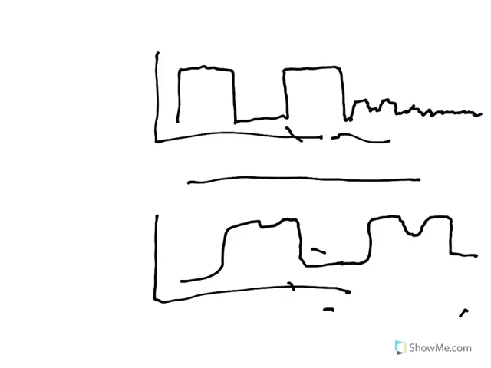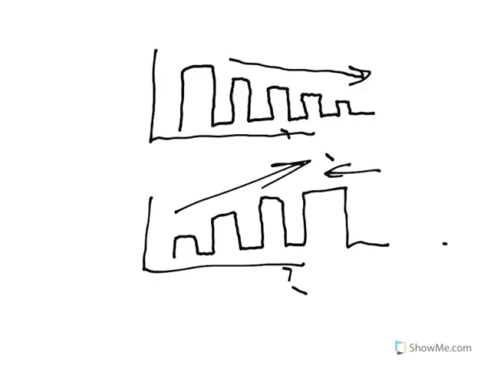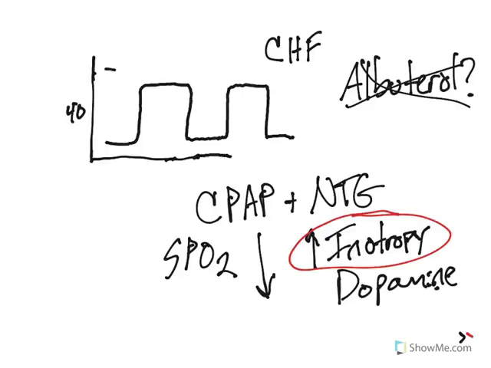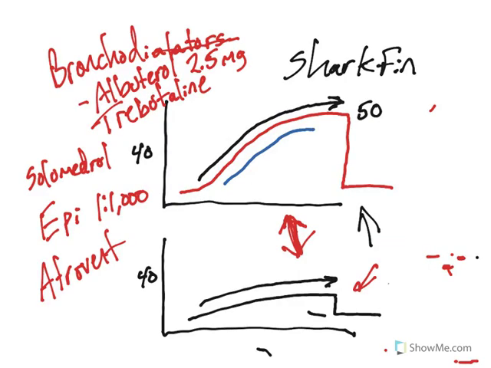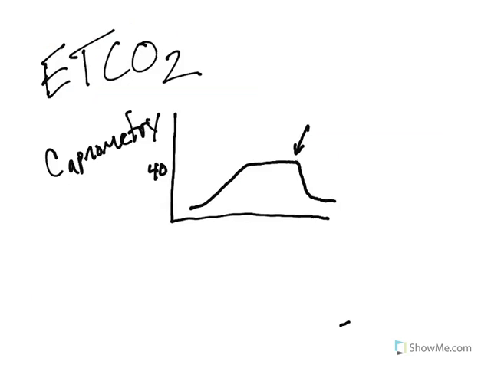Or I may ask, what's the proper treatment for this patient? You'll probably see something about shark finning. I've talked about it a lot, so I wouldn't doubt that. And then normal end-tidal CO2, of course.